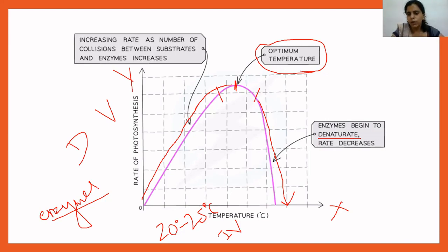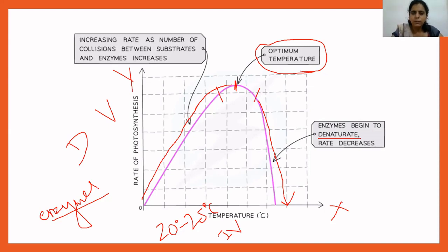As the temperature goes beyond optimum temperature, the enzymes get denatured. That means the shape of the active site of the enzyme changes. Hence the substrate molecules cannot fit into the active site of the enzymes, and finally the rate of photosynthesis decreases.